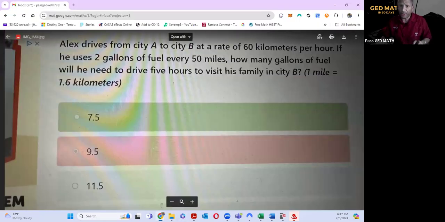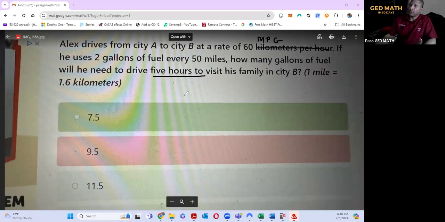So here, what I would expect is, instead of this, this would be miles per gallon. Driving at the rate of 60 miles per hour, how many gallons of fuel would it take to drive 5 hours? So that's 300 miles.